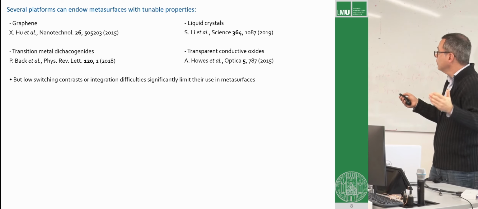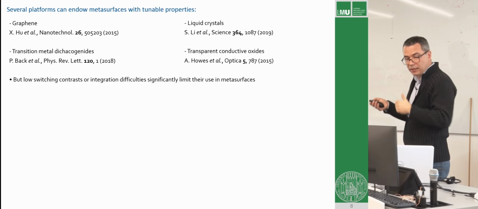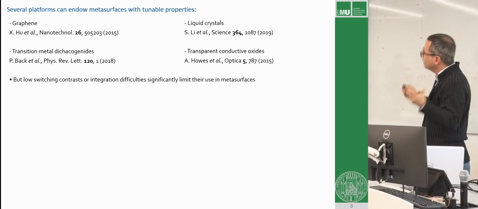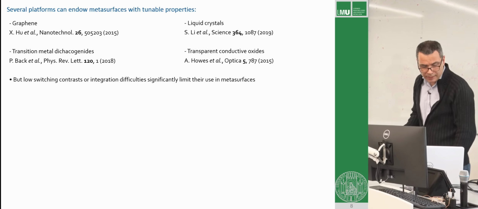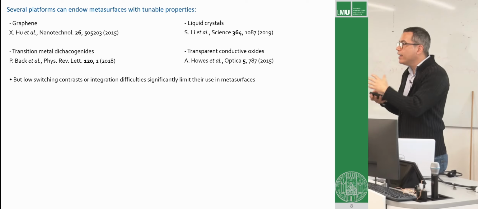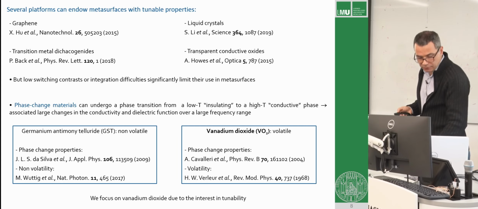So you can also control with this the degree of interaction between light and matter. Also using conductive oxides, you can do many things, but all these platforms suffer from relatively poor switching contrast, or they make the integration in devices or systems a little bit difficult.